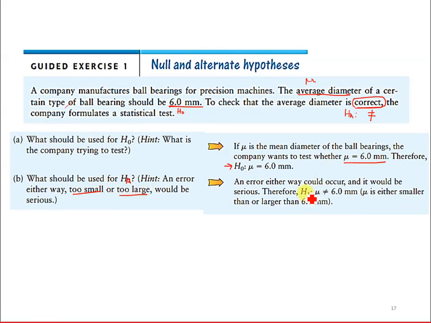So in this case, the alternative hypothesis is mu not equal to 6 mm. The diameter is either smaller than or larger than 6 mm. They just want to check whether it is the same or not, because if it is not 6 mm, there will be a problem. It will not fit that specific machine. Such errors can cause problems, so that's why we need hypothesis testing before coming to any conclusion.